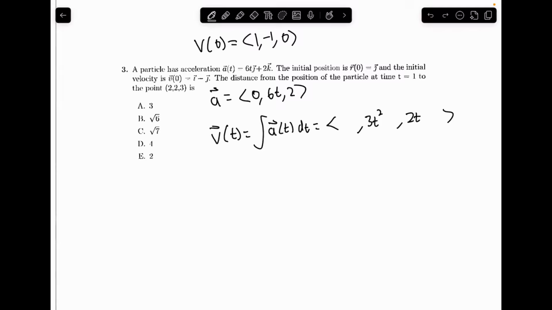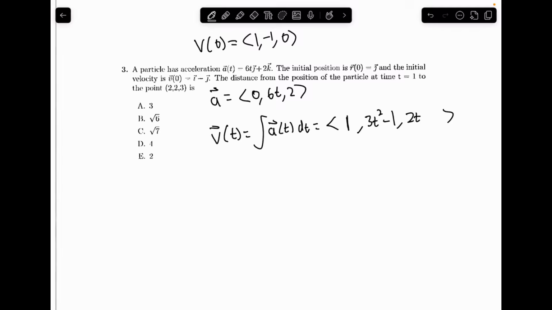So logically, if we plug in 0, we're just going to have 1 here, because we can't have any t terms, since we integrated and found it's equal to a constant. So 1 is the first component. Second component, if we plug in 0, we get 0, and the only way to make that equal to negative 1 is to subtract 1.